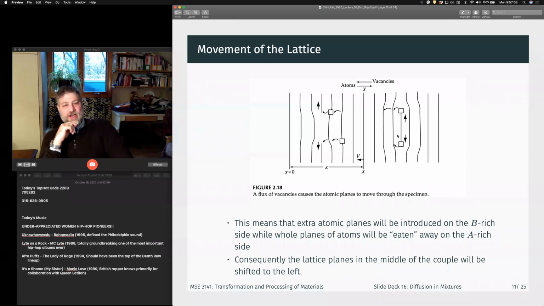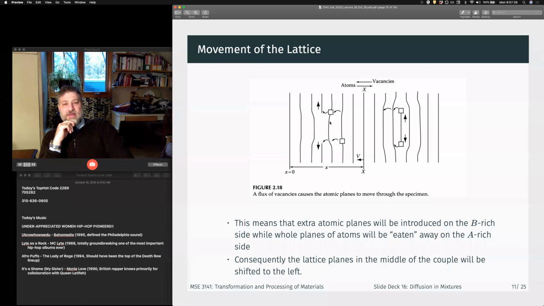If I have climb going in this direction here, I'm going to be growing this out. So I'm growing new planes over here. Over here, I'm eliminating this plane. This plane's moving this way, right?